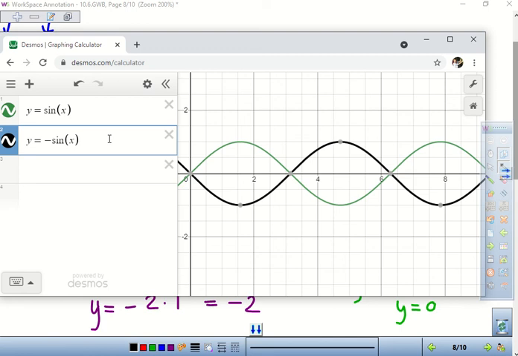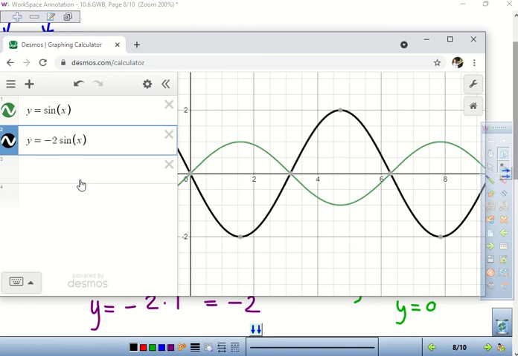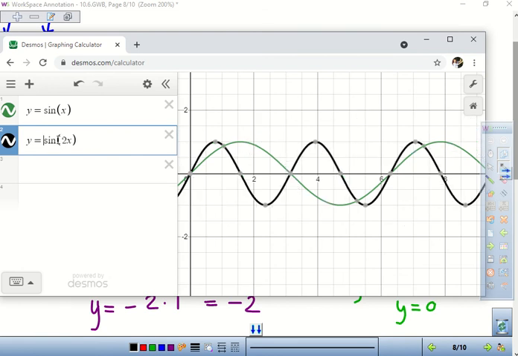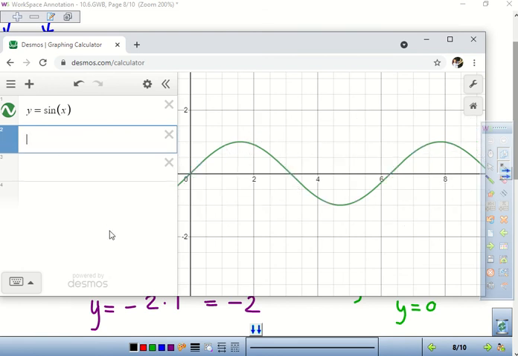That's the first thing we did to our graph. We reflected it, we increased the amplitude to 2. And then we changed its phase, we made it go faster. So those are the 3 things we did to the graph. Now you can look at any of these things happening individually and see that piece by using Desmos. So does everybody see what I'm saying by that? We did 3 things that changed the graph.